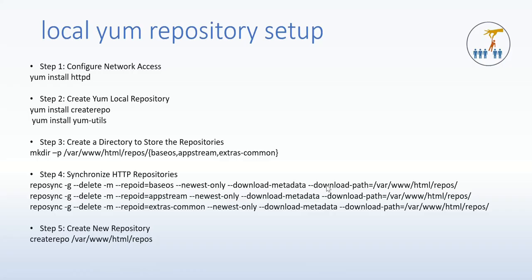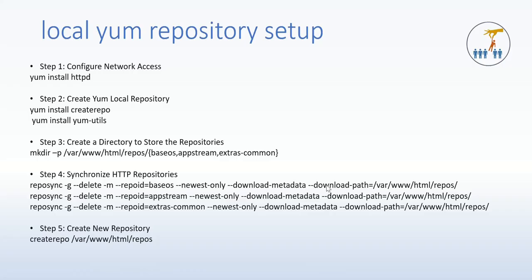Inside that, we can create a new directory called repos, and under that we can create the different directories for the repositories. By default, CentOS has three kinds of repositories: BaseOS, AppStream, and extras. We are going to create directories with these names under the repos directory in the root directory of our web server.